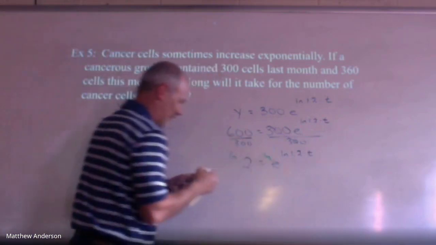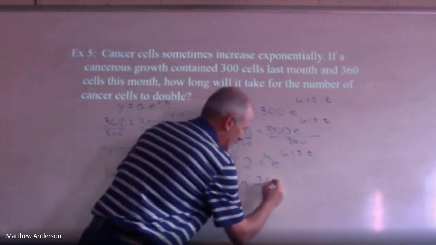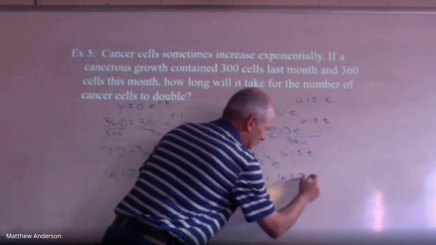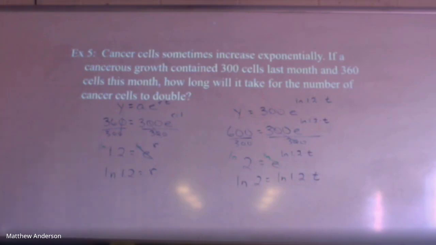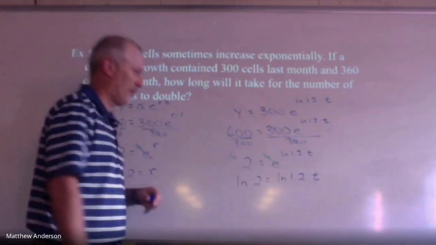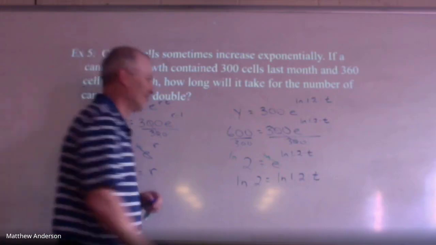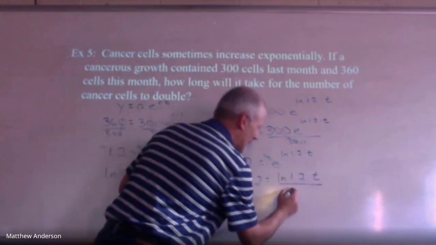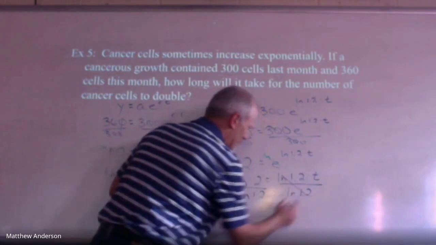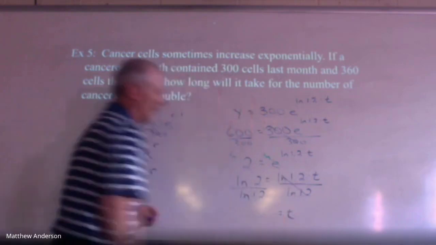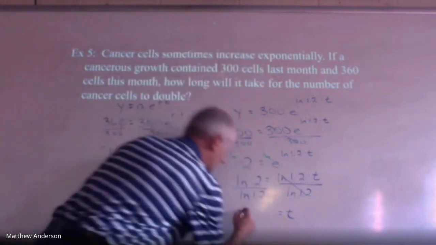So that will cancel, and we will have natural log of 2 equals natural log of 1.2 times T. And how do we finish this one up? You're one step away. To get the T by itself, divide by natural log of 1.2. Cancel that. So T equals 3.8... say it one more time. 3.8 2841.